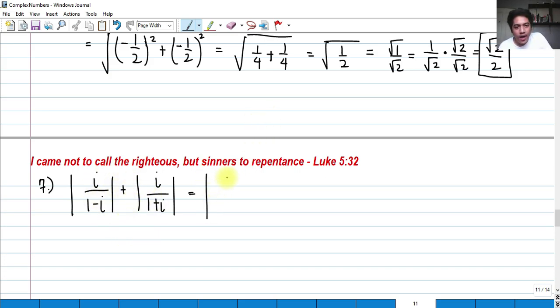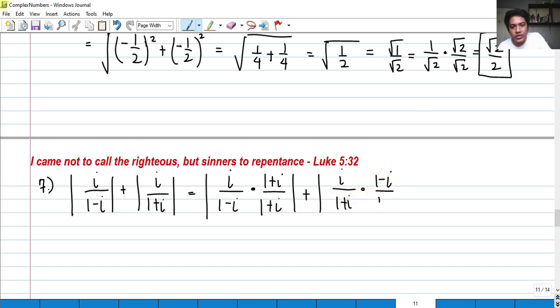So we have i over 1 minus i, that is multiplied by the conjugate of the denominator 1 plus i, and then that is plus i over 1 plus i multiplied by 1 minus i, the conjugate of the denominator. So we know that we can get that easily.